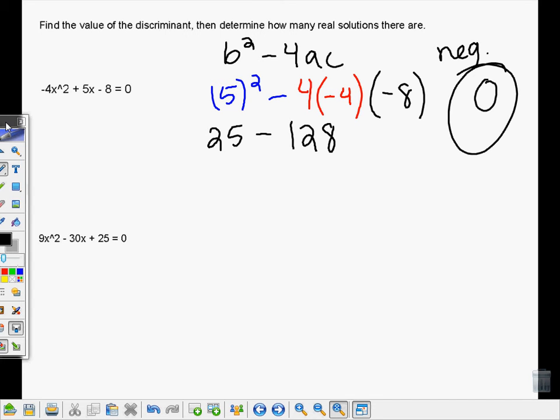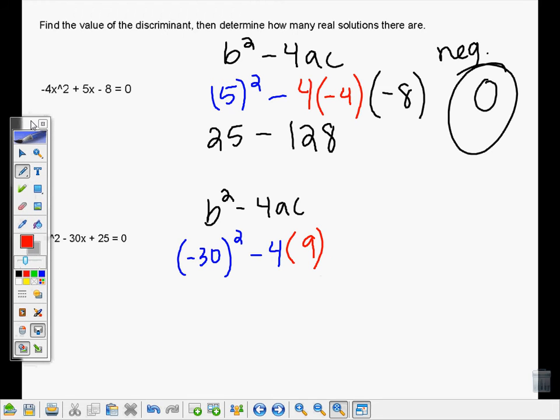Okay, last one. We have, again, b squared minus 4ac. b is negative 30 squared minus 4 times a, which is 9, and then times c, which is 25. So we're working with big numbers, but that's okay. We need to take negative 30 squared.